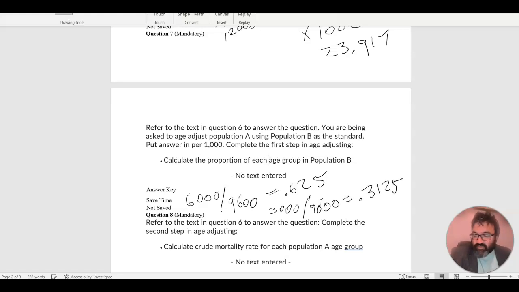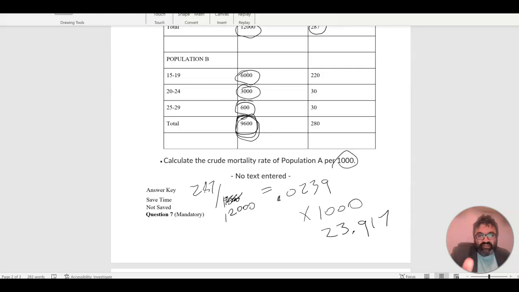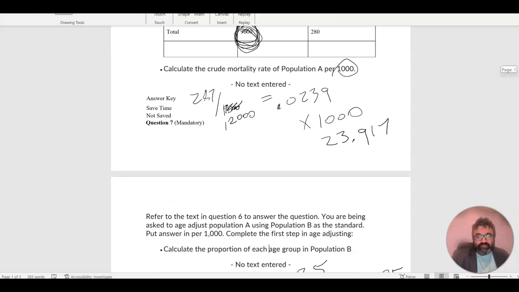And then the next proportion is 600 divided by 9,600, and that gives you 0.0625. Just to review, 15 through 19 was 6,000 divided by 9,600, 20 to 24 was 3,000 divided by 9,600, and 25 to 29 was 600 divided by 9,600. So that's where I got the proportions from.